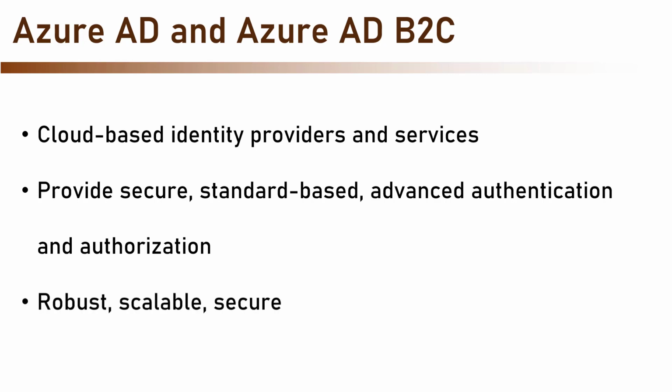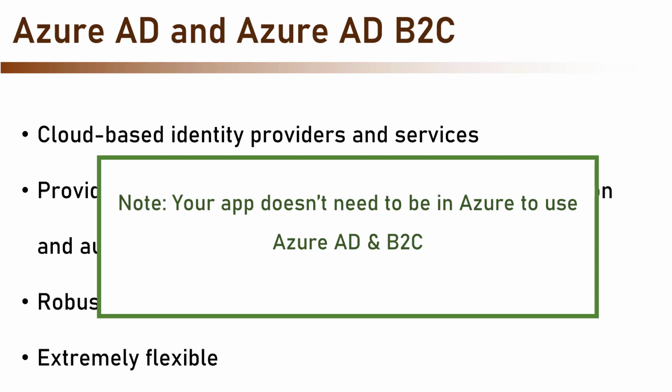They are robust, scalable, and secure, and extremely flexible. The level of customizations enabled in these engines is really amazing. And perhaps most important, your app doesn't need to be in Azure in order to use Azure AD and Azure AD B2C. As long as it's accessible over the internet, you can use these engines with your app.